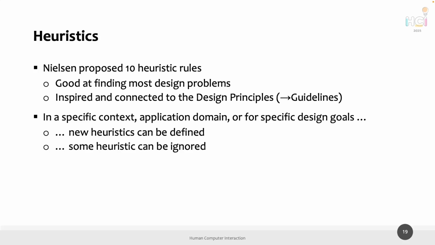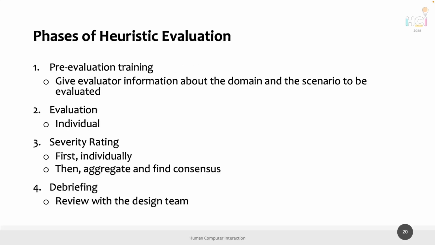In some specific context or application domain, you can also define your own heuristics. So new heuristics can be defined. For example, there are guidelines, heuristics for human-AI interaction. You can use those heuristics if you are looking for problems related to human-AI interaction. So the process is in a way independent from the used heuristics, but we are going to use the Nielsen ones.